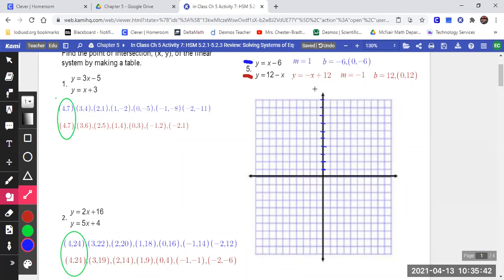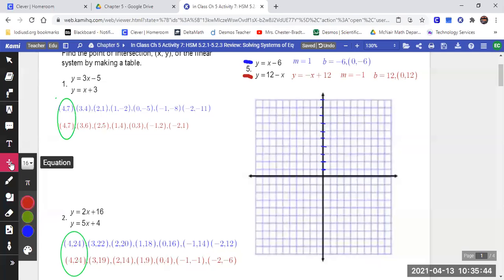So this is the Y. And that's a positive 20. And when we go do our line down, we're going to be going to negative 20.